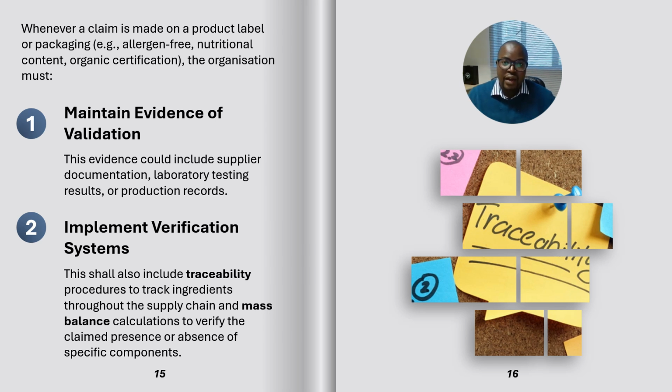You then need to also implement a verification system. As I've said, these are the checks that you'll do on a regular basis to prove that whatever you are using or whatever method you've validated is still functioning as expected. Some people would use strips for allergens to detect whether that particular allergen is present in the product. Some would use protein swabs, whatever you can use to verify.